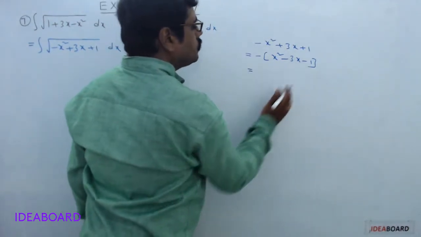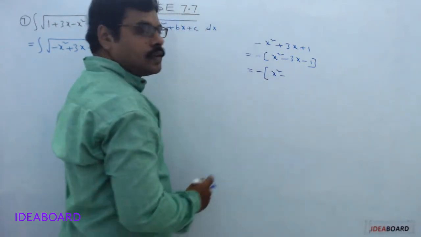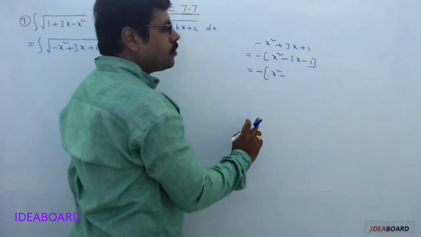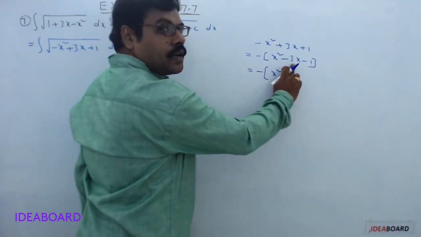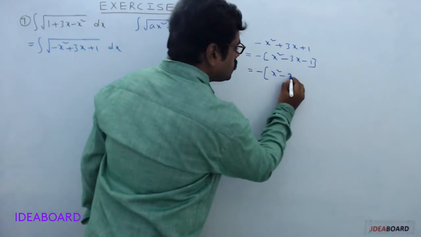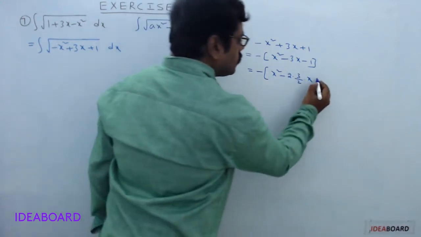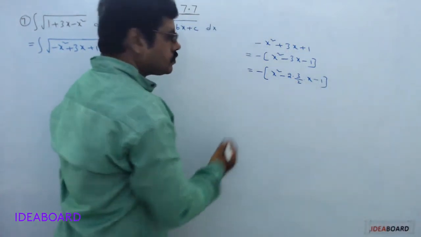Now this is equal to minus of x square minus, here I am going to multiply and divide this middle term with 2. So it is 2 into 3 by 2 into x minus 1.